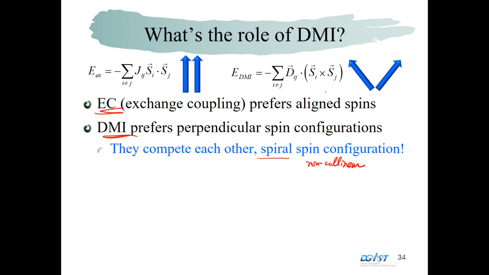So that means in a ferromagnetic layer, if we ignore the domain structure, all spin directions must be parallel. In an antiparallel layer, they must be antiparallel. But with this DMI, the spin configuration can be more complex. They can form a spiral structure, a helical structure, and many more.